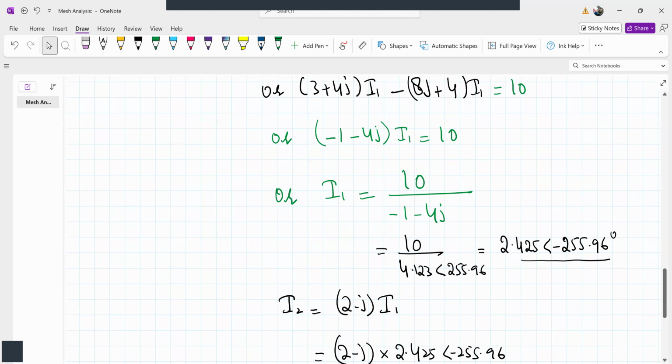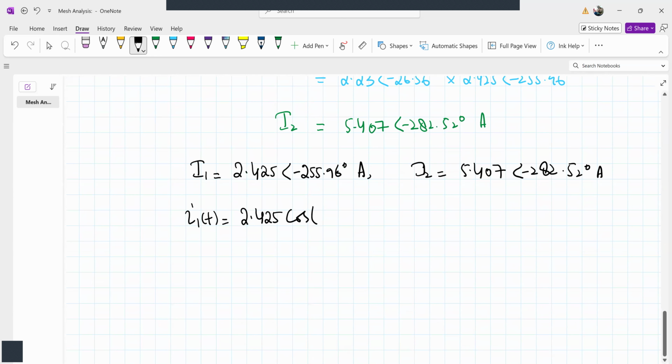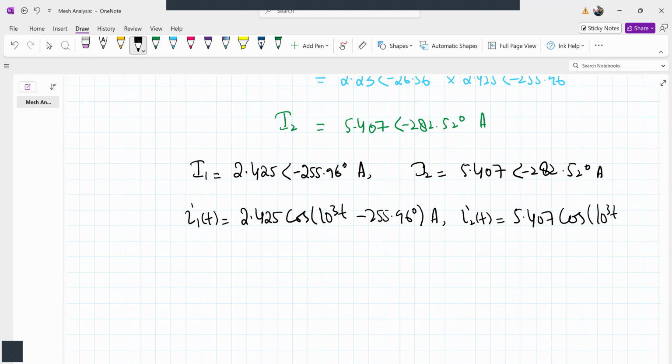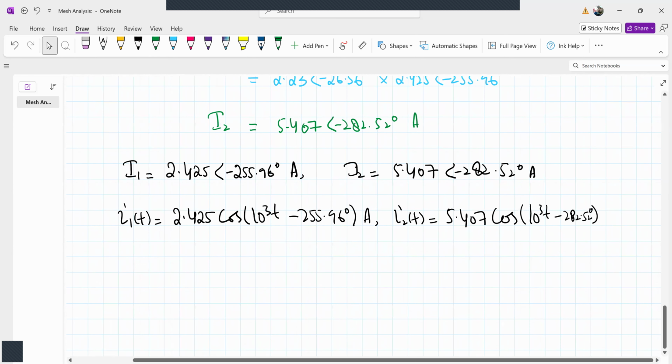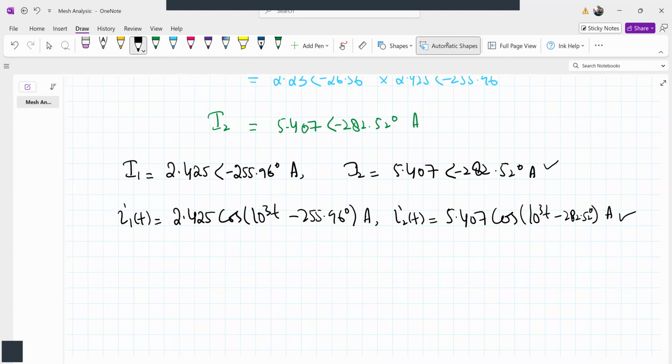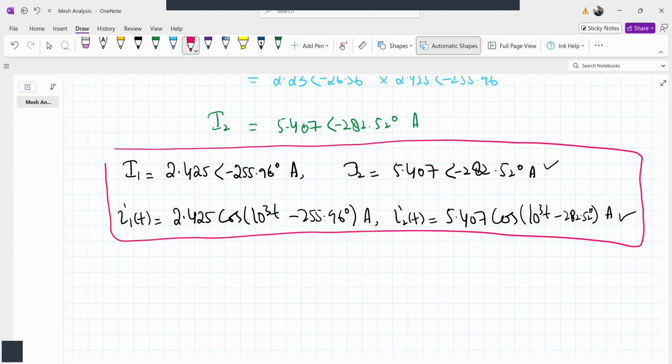This will be simply cosine of 10 to the power of 3t, minus 255.96 degrees amperes, and I2(t) will be simply equal to 5.407 cosine of 10 to the power of 3t minus 282.52 degrees amperes. Okay, these values are in phasor form. These are the time domain equivalent. So this is the answer to this problem.